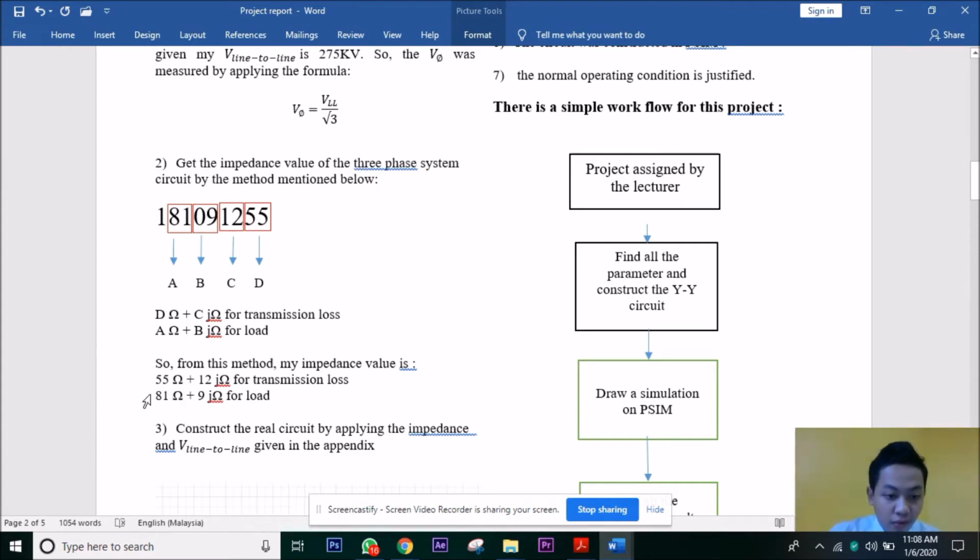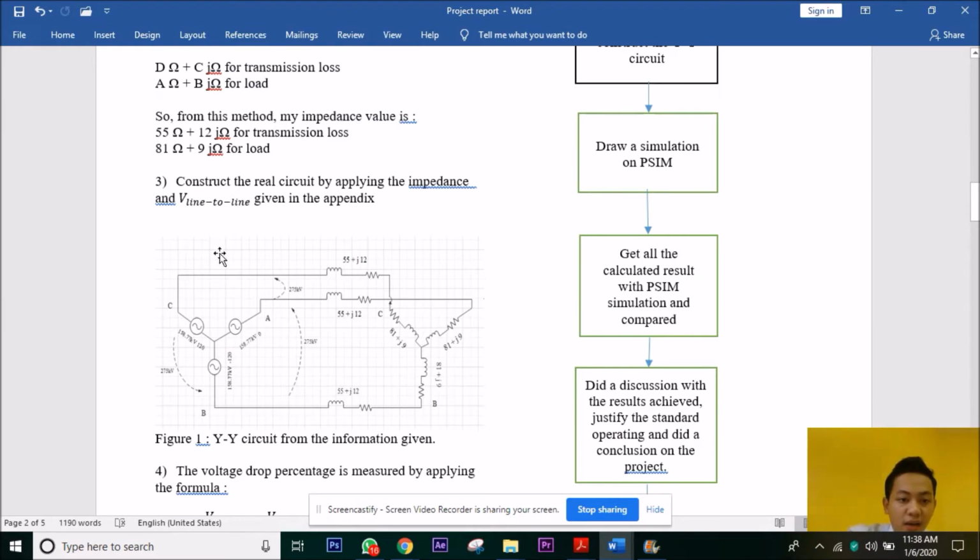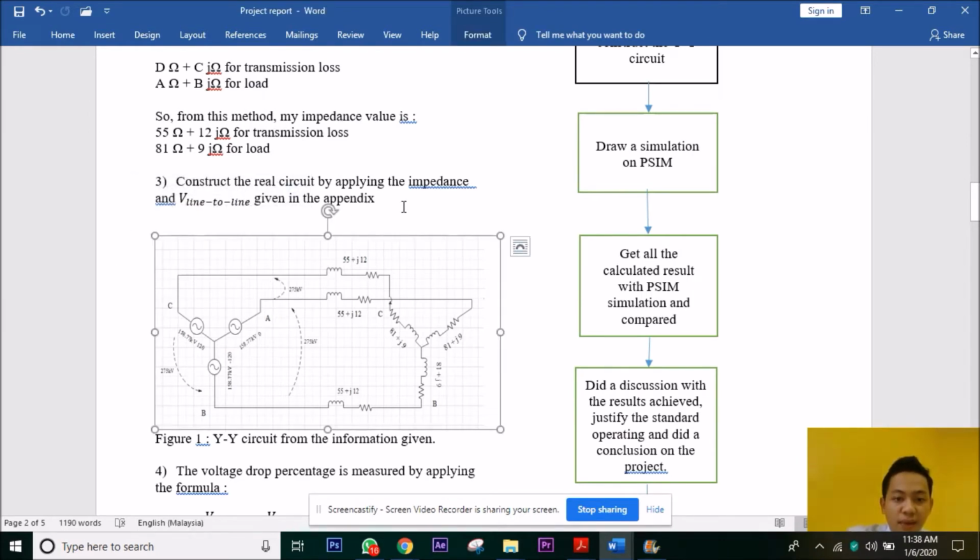So for my metric number, it equals 55 ohm plus j12 ohm for the transmission line and 81 ohm plus j9 ohm for the load. Then step 3 is to construct a real circuit by applying the impedance and line-to-line voltage given to me in the appendix.